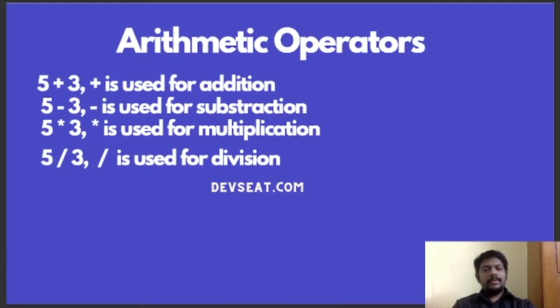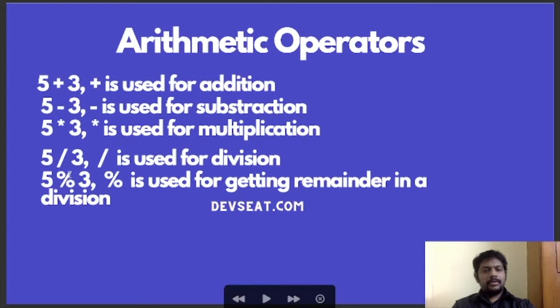So that is with the Python 3 version. In Python 2, you will get a floor value of a division. But in Python 3, you will get a floating point number for division.